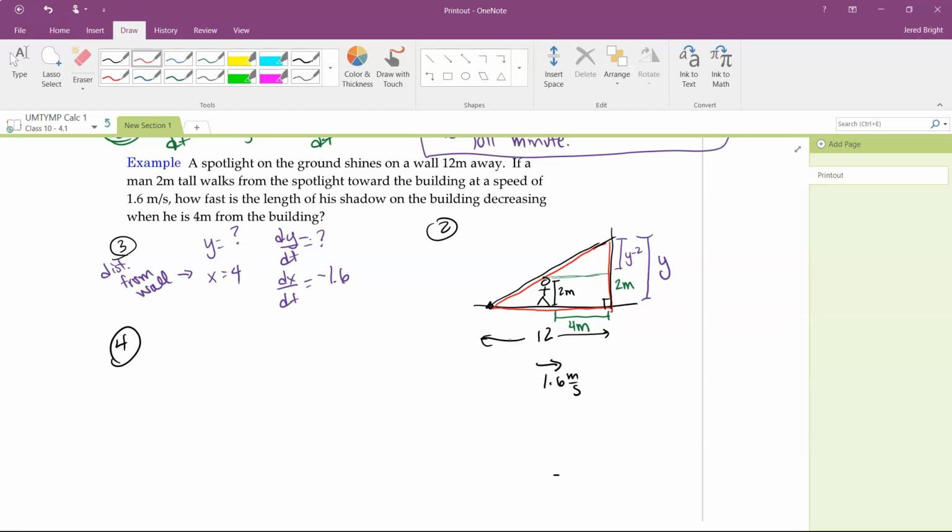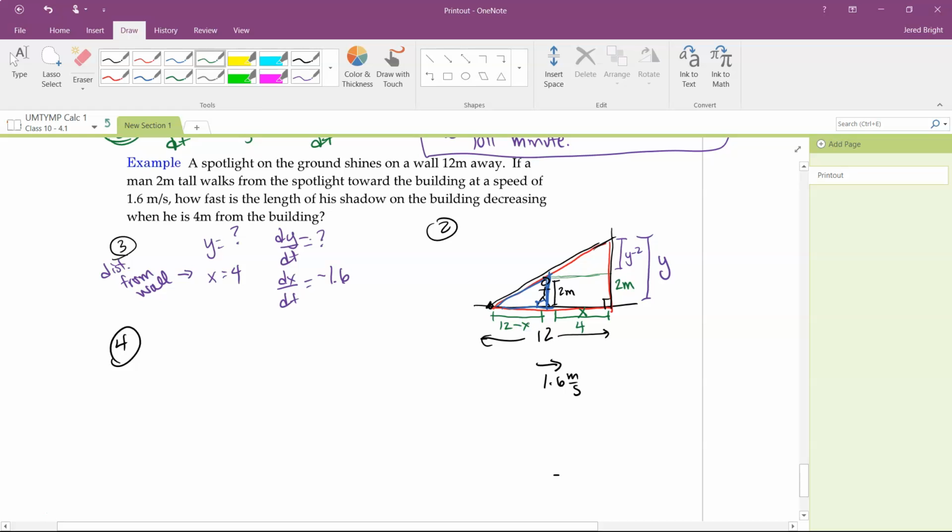But I also see another smaller right triangle, one that is right in here in blue. So that's another right triangle. If this is 4 in a specific moment, but in general this is x, then in general this would be 12 minus x.